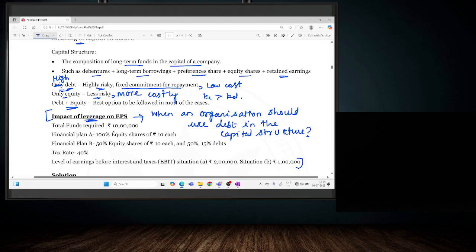But why are we doing this example? Just to answer this question: when should an organization use debt in the capital structure?